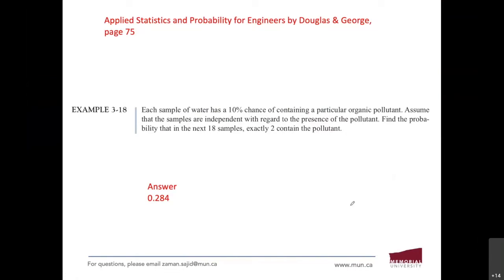It is saying that each sample of water has a 10% chance of containing a particular organic pollutant. Assume that the samples are independent with regard to the presence of the pollutant. Find the probability that in the next 18 samples, exactly 2 contain the pollutant. So this is my binomial distribution here.